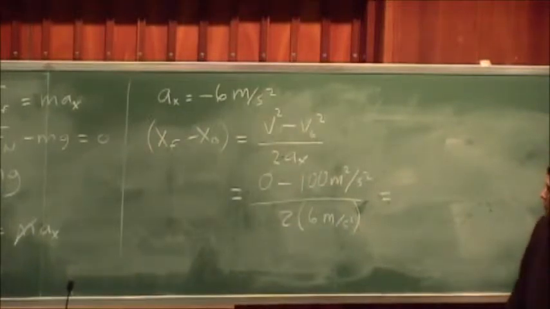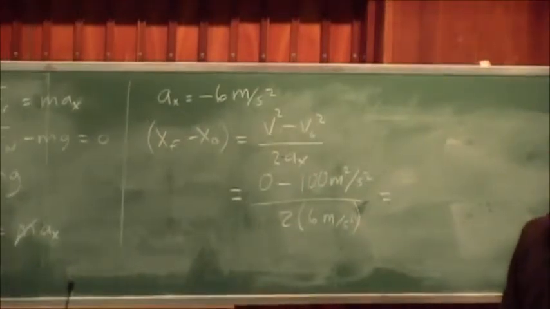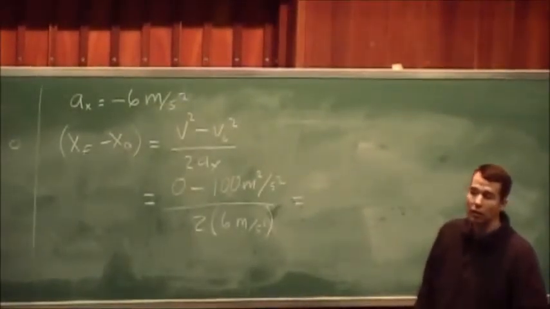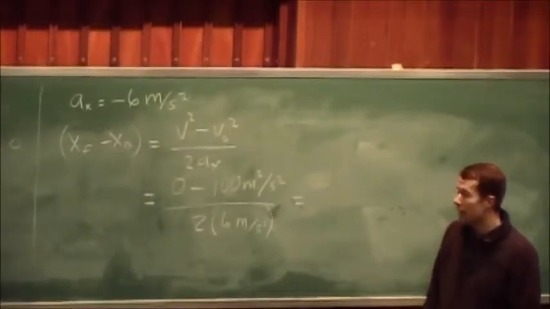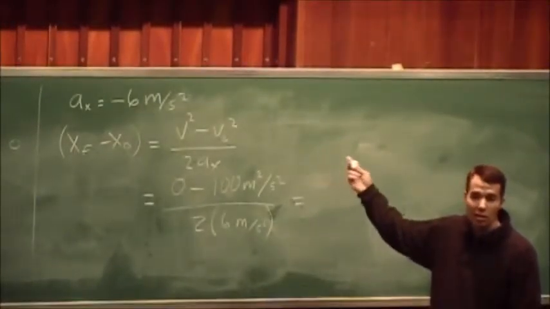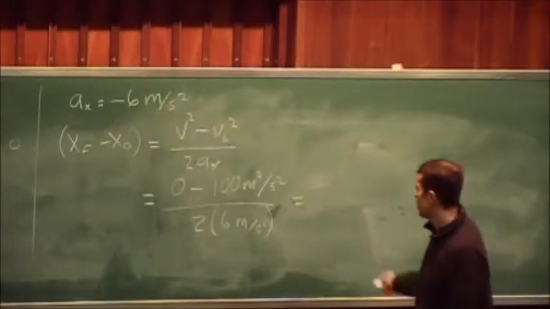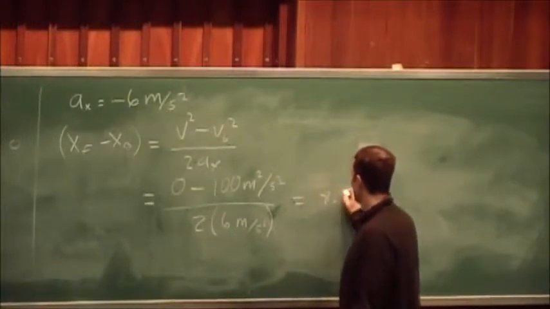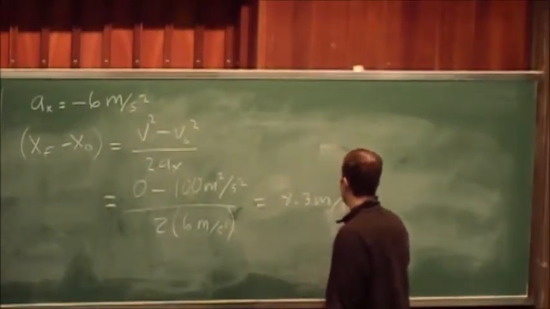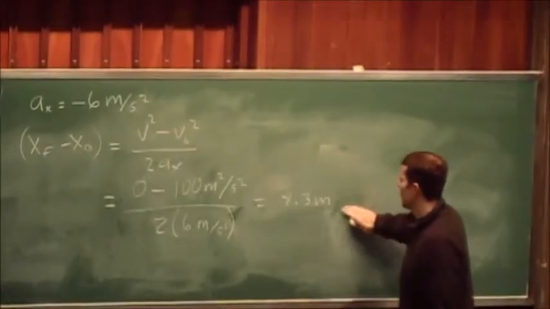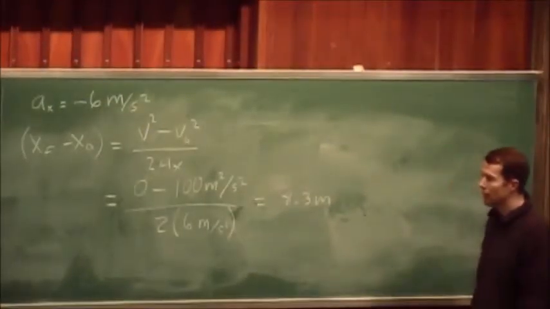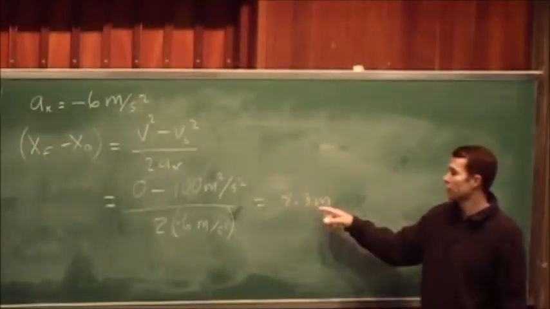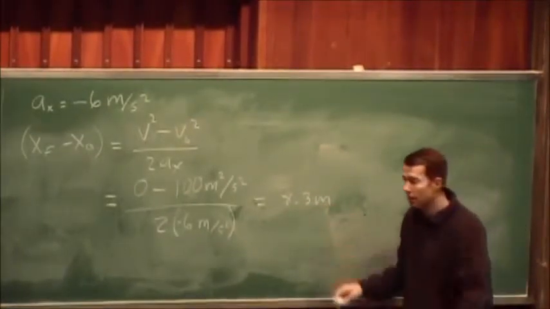So what does this give us? 100 divided by 12. It's a little bit more than 8, right? 8 times 12 is 96, and half again, so this is a little bit more than 8. It's 8.3 meters. So it moves a total distance of 8.3 meters before it comes to rest.